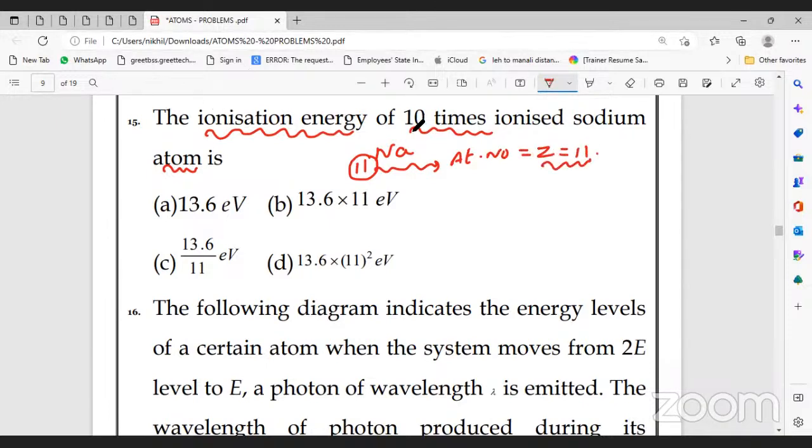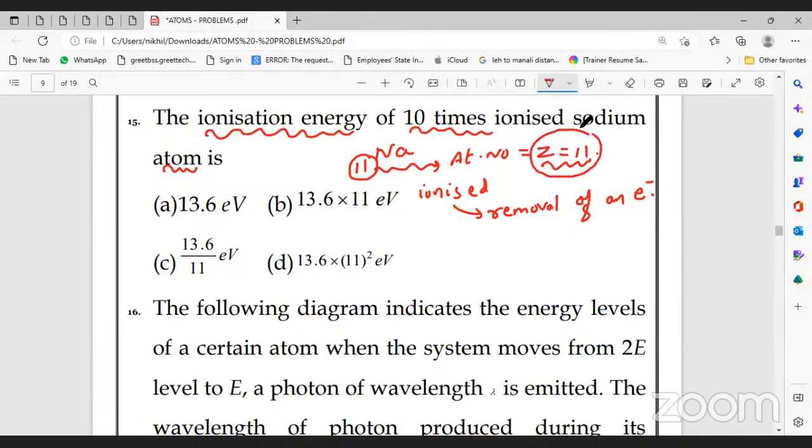What is the meaning of 10 times ionized? What is the meaning of ionized? Ionized means the removal of an electron. Removal of an electron is called ionization. If you say 10 times ionized, what does it mean?